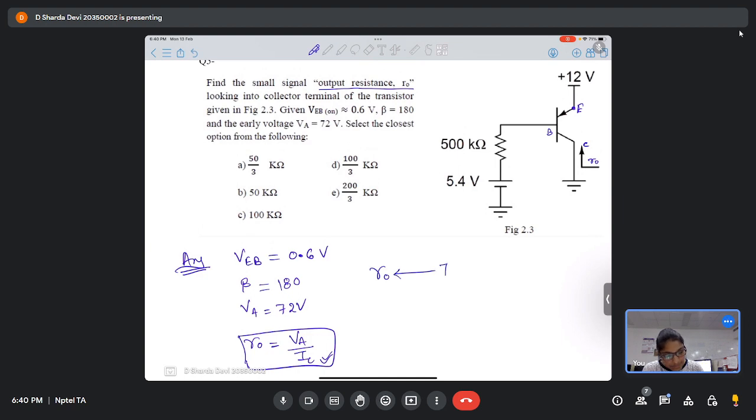We'll need IC. But is there any way we can directly find IC from this particular circuit? IS is not given. So what is the other method? By looking at the givens, can you think of something through which we can find IC?